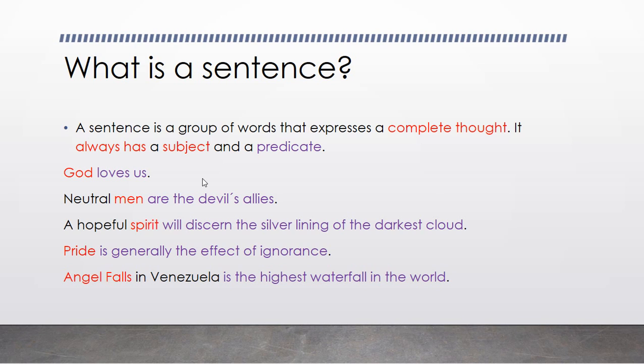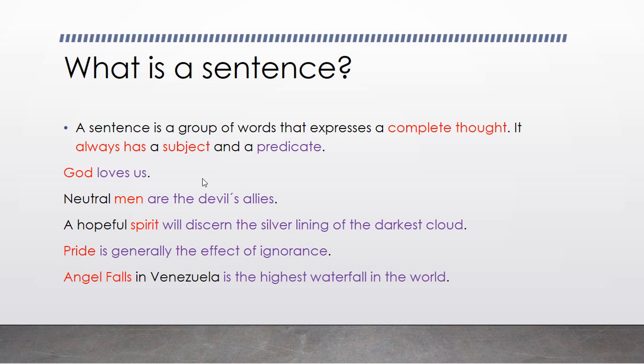Spirit is going to be the subject, and the rest of the sentence the predicate. Pride is the subject. Then we have the predicate, is generally the effect of ignorance.